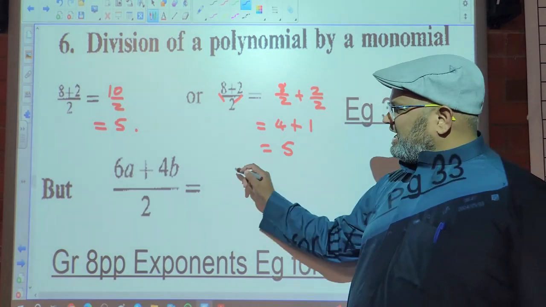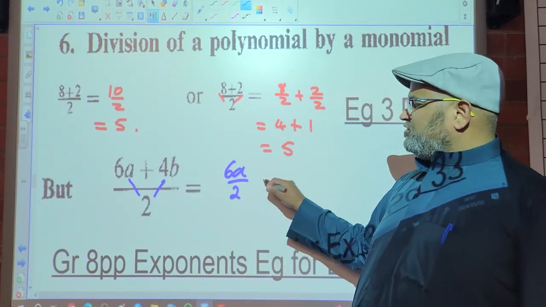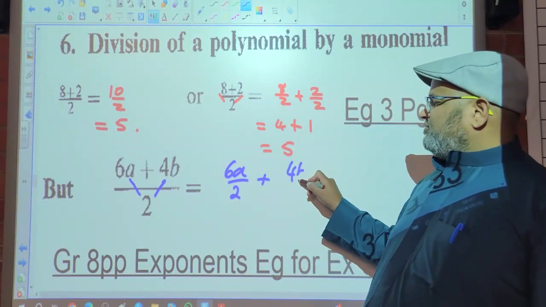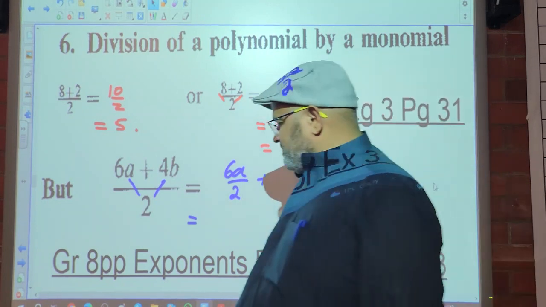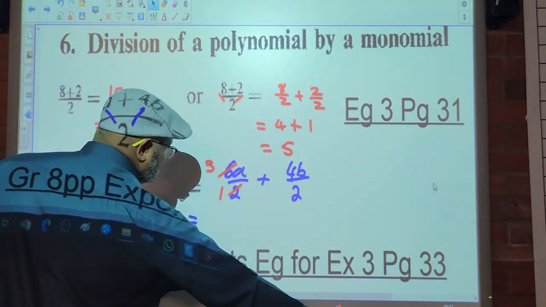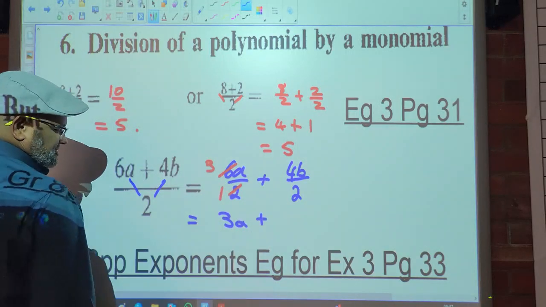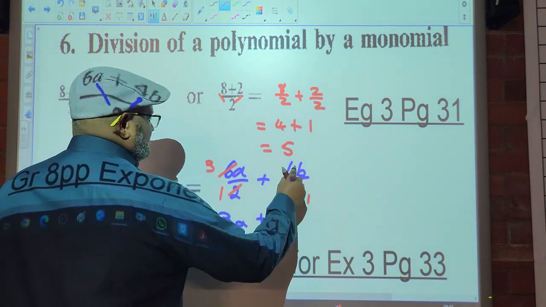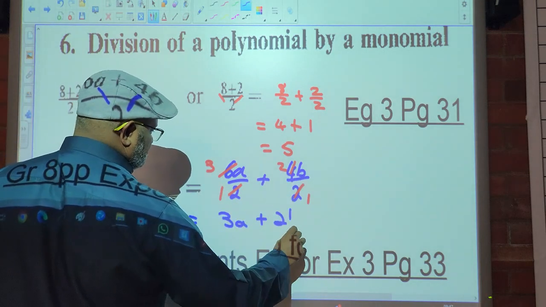So in other words, I will have 6a over 2 plus 4b over 2. So what can happen here? 2 goes into 2 once, 2 goes into 6 three times. So that is 3a over 1, which is 3a, plus 2 going into 2 once, 2 going into 4 twice. So that's 2b over 1, which is 2b.